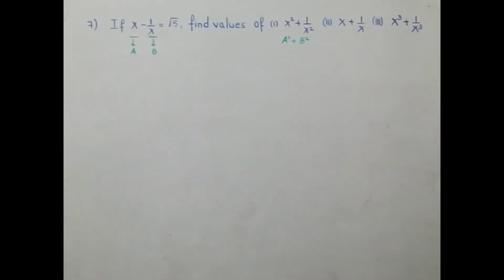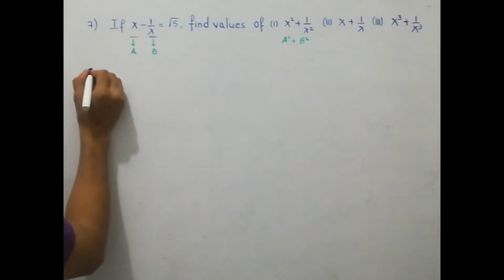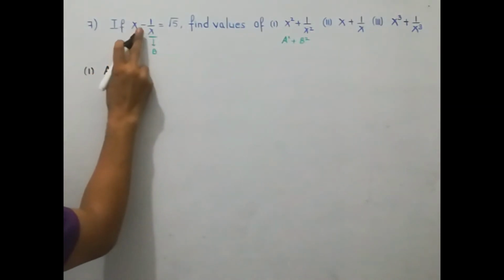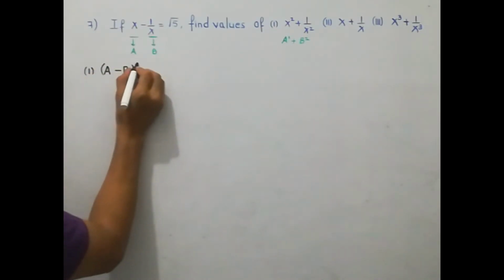As the question says, we have been given a minus b and we are asked to find a square plus b square. Whenever the sum of two squares is required, remember you have to apply the formula of whole square. So here we are going to apply the formula of whole square for the first part. So the formula is a minus b whole square.